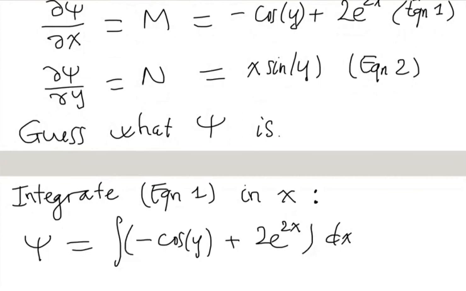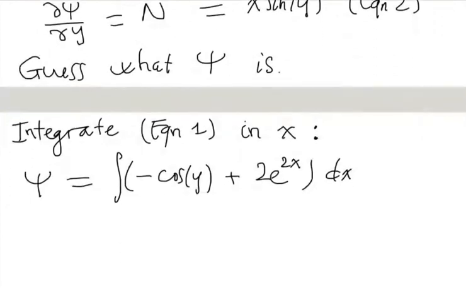Now when we integrate in the variable x here, we are thinking of y as a constant. So this is just a partial integral. So integral in x, we would have minus x cosine y plus integral in x of this will be e to the 2x plus a constant.